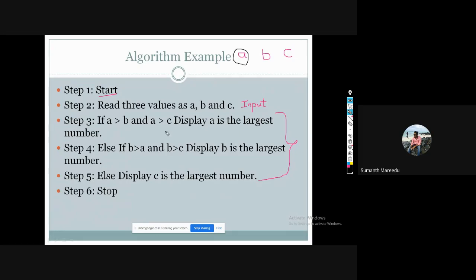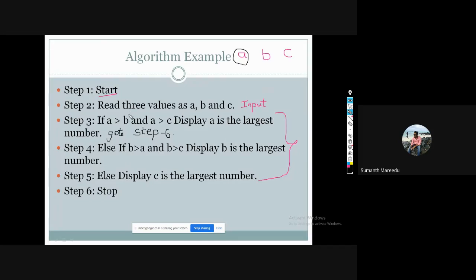So I'll display that A is the largest number and I will write a statement here: go to step number 6, because if the output is displayed like A is the largest number, there is no point of comparison for B or C to become the largest.